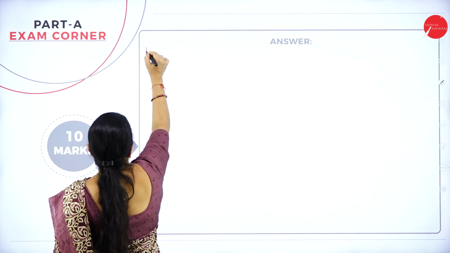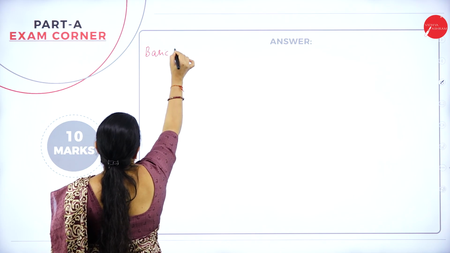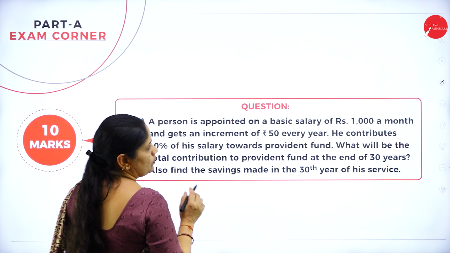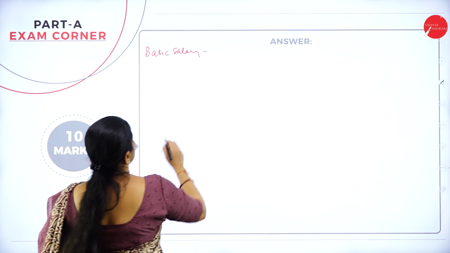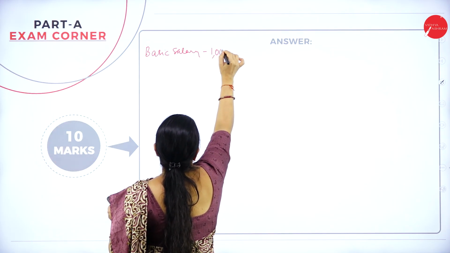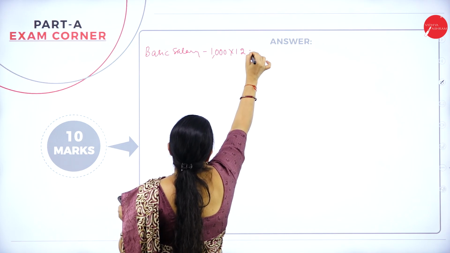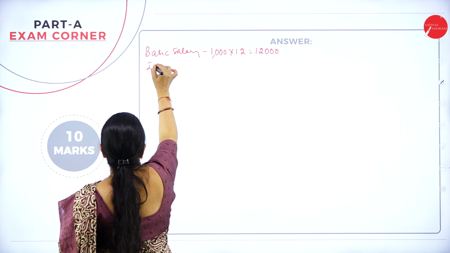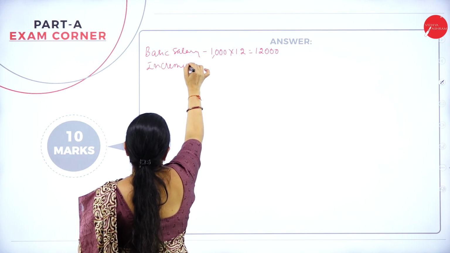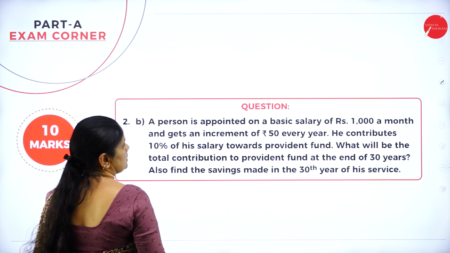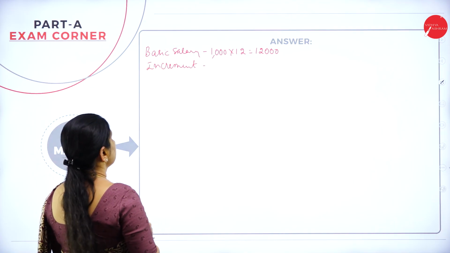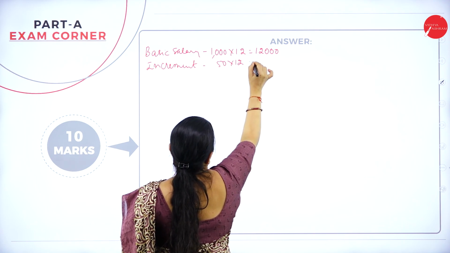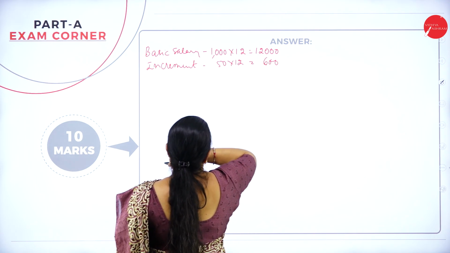So what is given here? The basic salary is rupees 1000 per month, so 1000 into 12 is 12,000. Then what is the increment? The increment is rupees 50 every year, so 50 into 12 will be equal to 600.